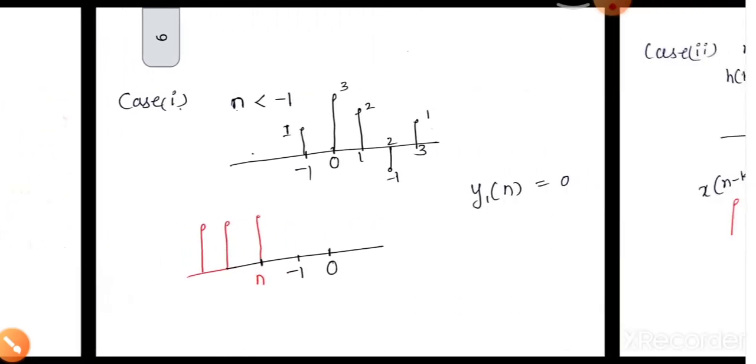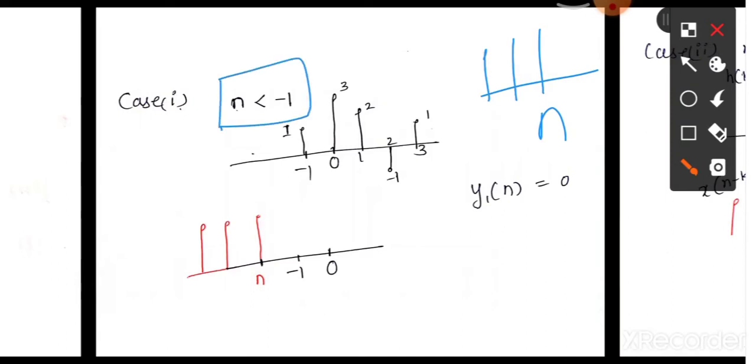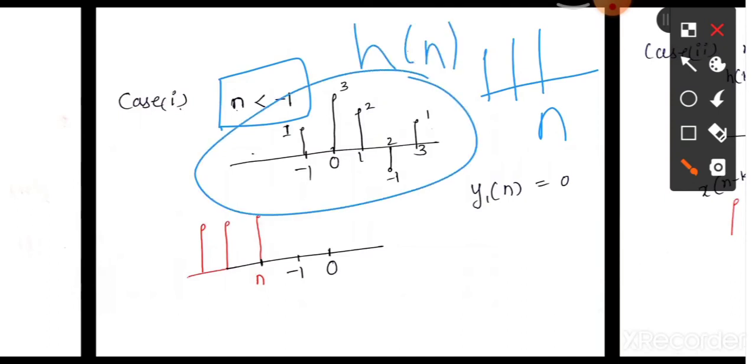Let's take the first case. We have the x of n signal at n. Here, let's say n is less than minus 1 on the h of n signal. This is your h of n signal. It is 0 on that line, and 0 at minus 1. You can place this signal on this line only.